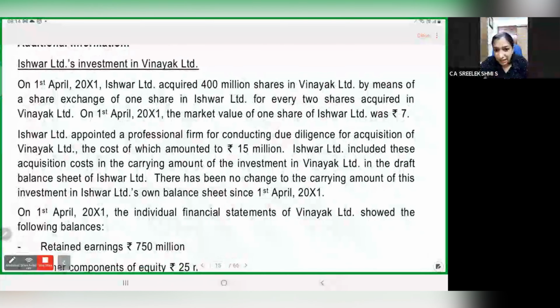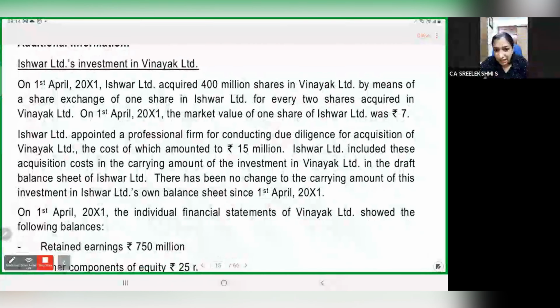First point. So write down property, or let's specifically write land. What is the revaluation profit on land? 350 and 450 is the carrying value. Estimated fair value 1000.